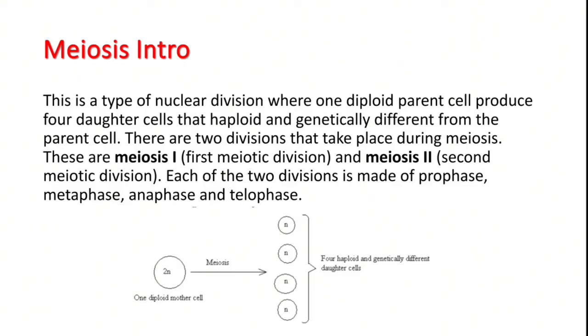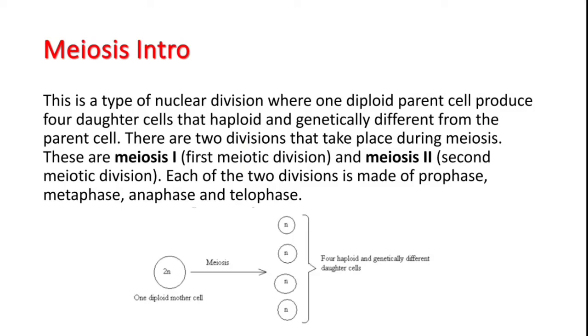Remember, a body cell has a full number of chromosomes, right? It's a diploid cell. So this cell, which has a full number of chromosomes, will divide into 4 new cells that are going to have half the number of chromosomes. So the conclusion here can be that a body cell forms sex cells.